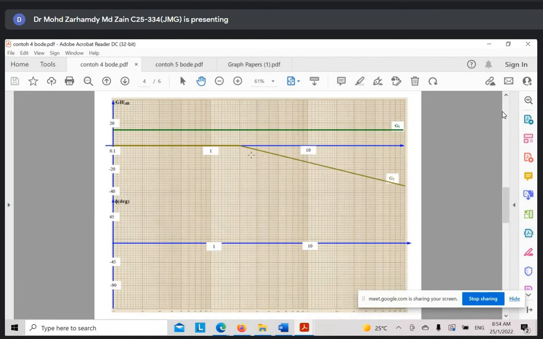Sebab dia per decade because of one cycle, per cycle. Our point start at 2. So our cycle 2 and start from 2 until 20. It come to one cycle. So this is 20. 2 to 20. If our breakpoint is let's say 4. 2, 3, 4. Katalah 4. So our cycle is 40.